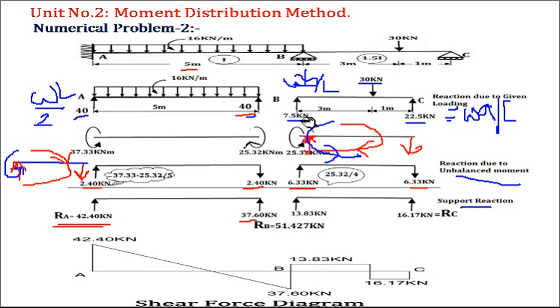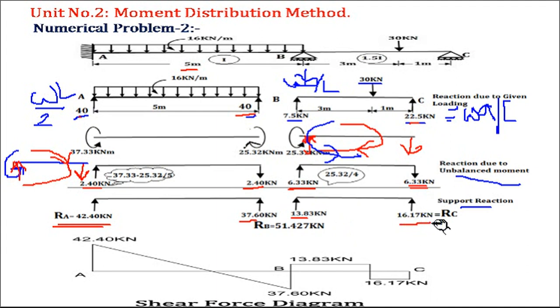Now reaction at B. Due to the given load it is 7.5 acting upward, and the reaction due to the unbalanced moment is 6.33, also acting upward. So 7.5 plus 6.33, the value is 13.83. Now at support C, the reaction due to the given load is 22.5 and the reaction due to the unbalanced moment is minus 6.33 as it is acting downward.